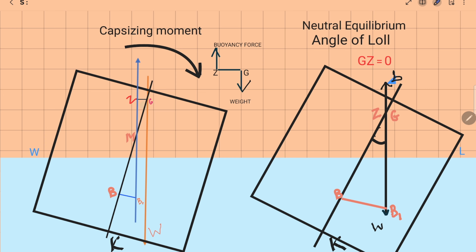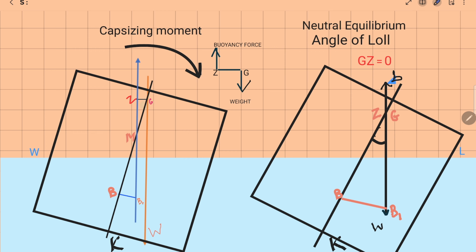This couple is actually causing a further capsizing moment. You see this here, the expanded diagram. This is the buoyancy force and this is the ship's weight. This is GZ, the lever between them. And if you see this condition very carefully, you will see that it is creating a capsizing moment.